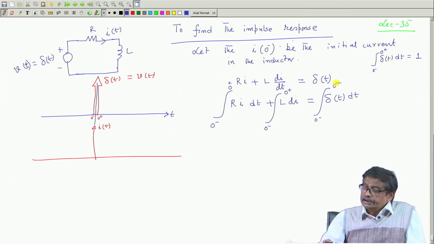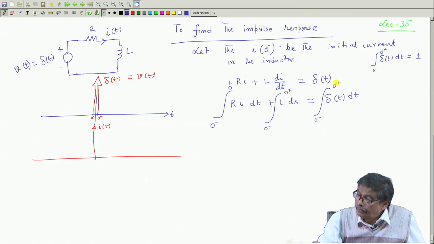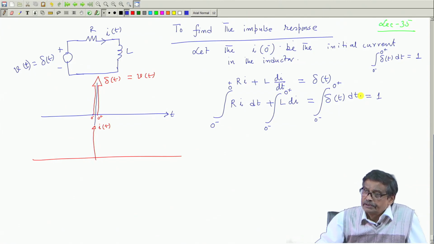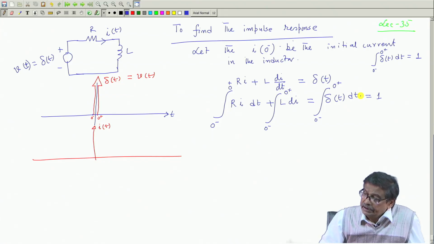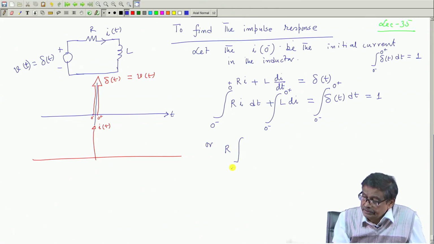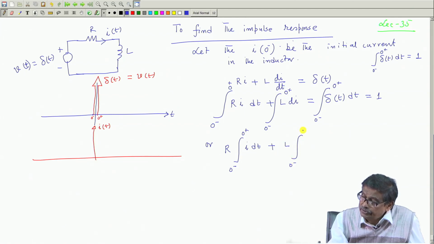Now, why have I integrated like that? Because this quantity on the right hand side becomes finite. This is 1, has to be. Now, let us see what will be the integration of each of these terms. So, this one will be R times the integral from 0 minus to 0 plus of i dt, and this will be L times the integral from 0 minus to 0 plus of di, and the right hand side is equal to 1.